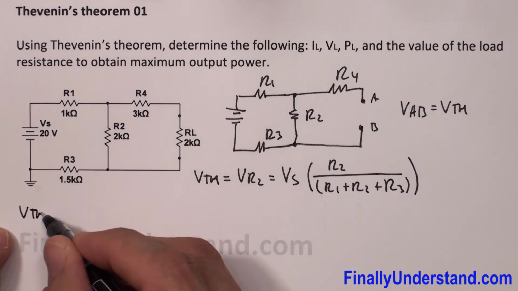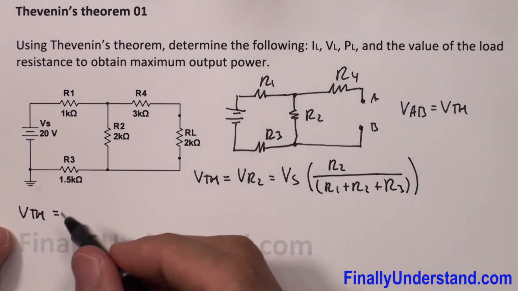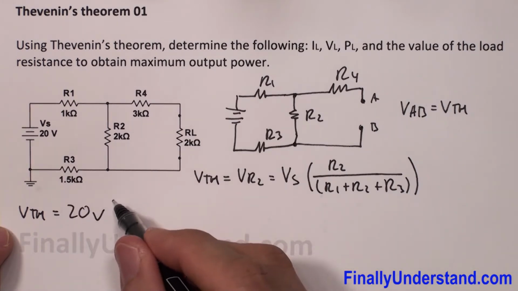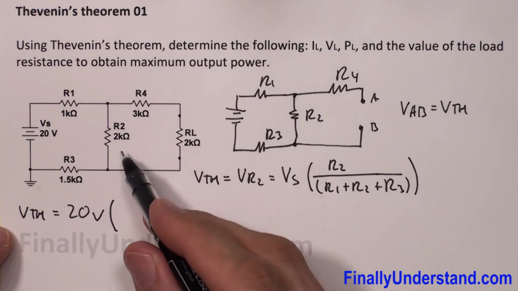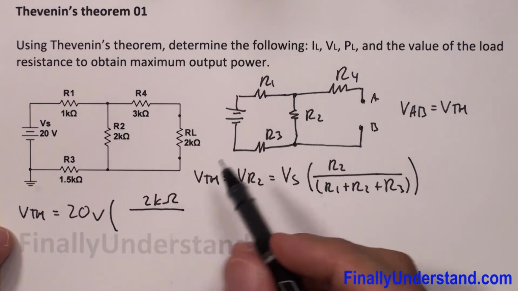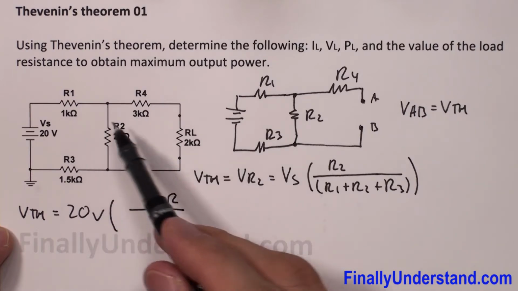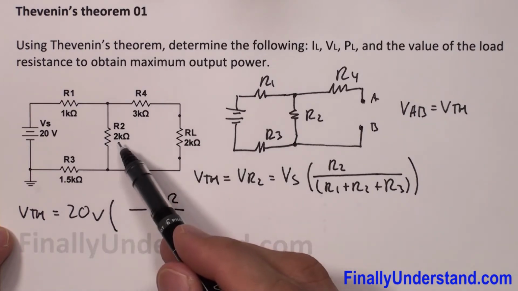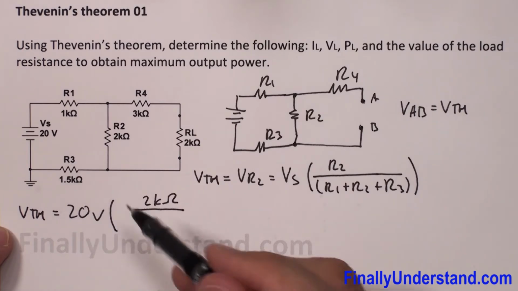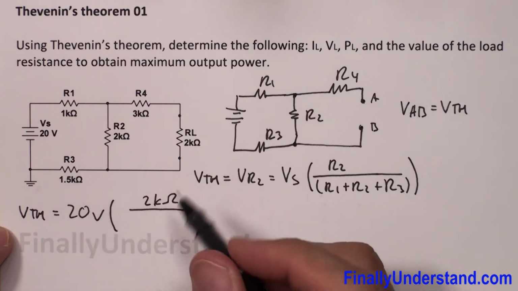So VTH is equal to the voltage source, 20 volts, times open parenthesis, R2, which is equal to 2 kilohms, over R1 plus R2, which is 3 kilohms, plus R3, so 4.5 kilohms.